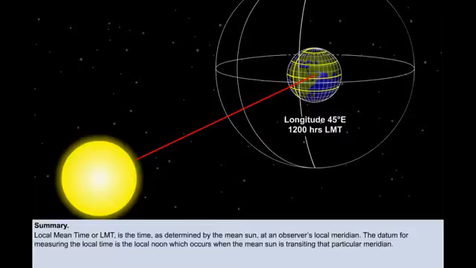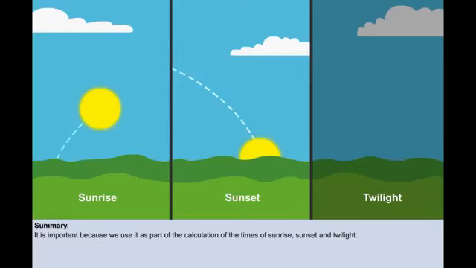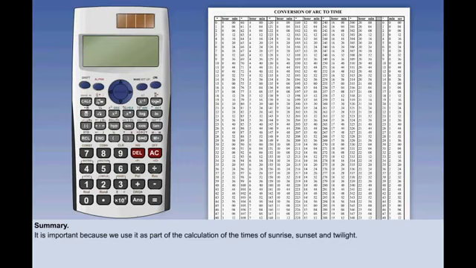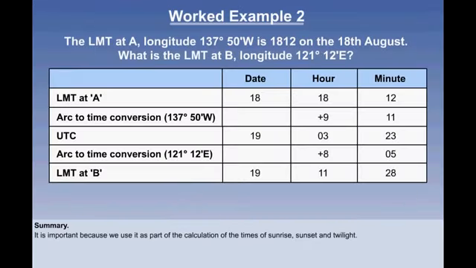It is important because we use it as part of the calculation of the times of sunrise, sunset and twilight. We can solve longitude to time conversions using either the tables or a calculator. This is known as arc to time conversion. When carrying out these conversions, always lay out the working in a table and work through UTC.